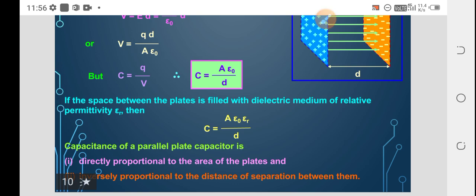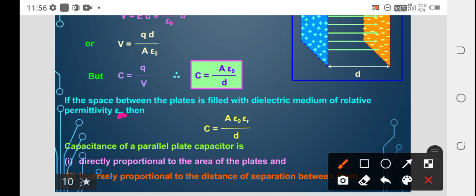If the space between the plates is filled with a dielectric medium of relative permittivity epsilon r, then you take the permittivity of the medium, epsilon equal to epsilon naught epsilon r.